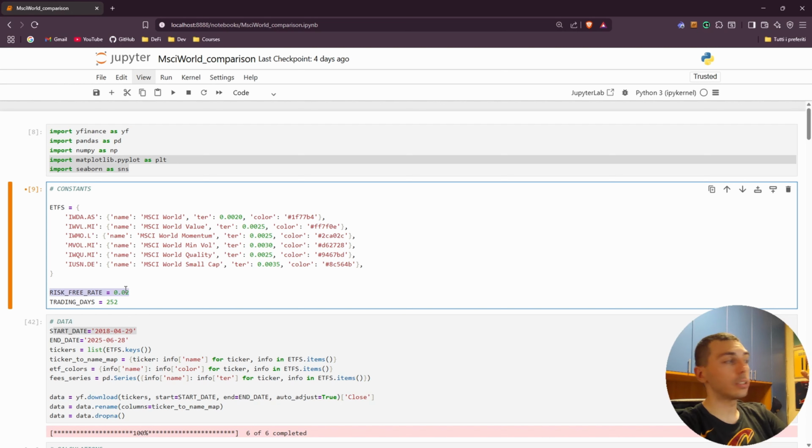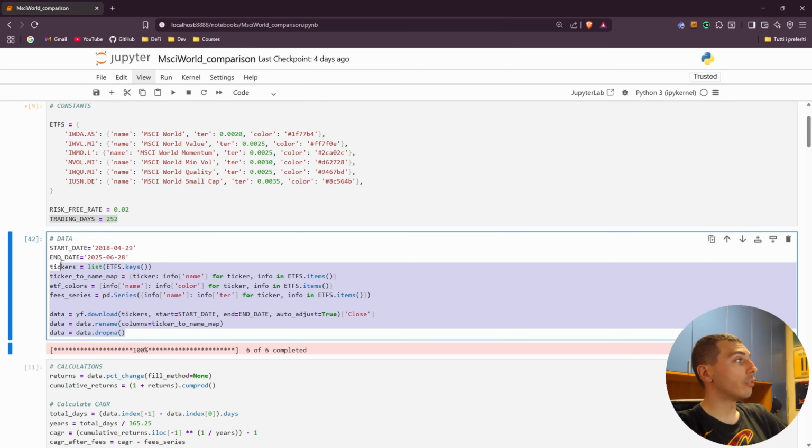This helps us compare returns against a safe benchmark. That's how we calculate the Sharpe ratio later. And we set trading days to 252, which is the average number of trading days in a year. We're going to need this later to calculate volatility and to analyze our returns.